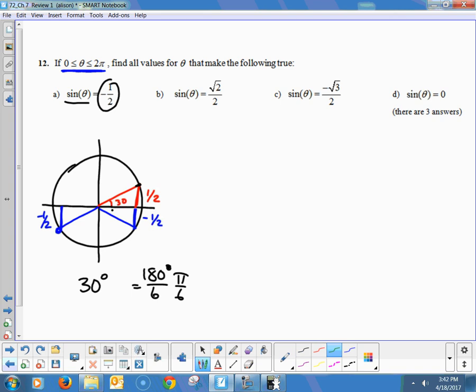So every 30 degrees is 1/6 of pi. 1/6, 2/6, 3/6, 4/6, right? 3 pi over 6 is half pi. 4/6, 5/6, 6/6. This is 7 pi over 6. So my angle could be 7 pi over 6.